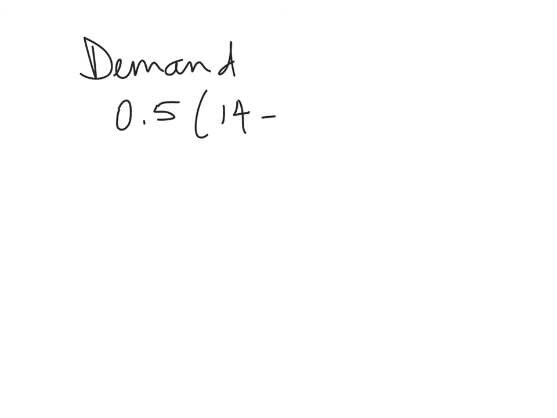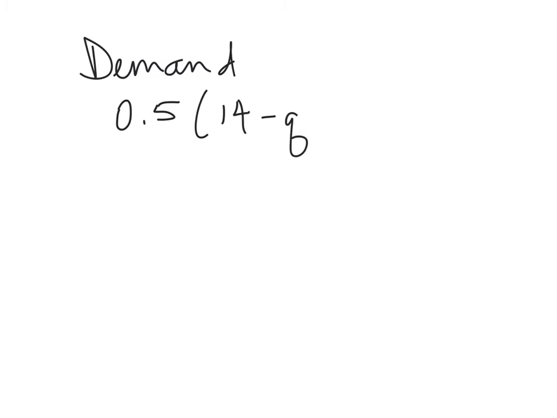What I wanted to do, just to show you where this comes from, is to think of the supply and demand for permits in this case. And on the demand side, you know that every time Firm 2 buys a permit, Firm 2's costs are going to go down by 0.5 times 14 minus Q, where Q is the number of permits that it buys.